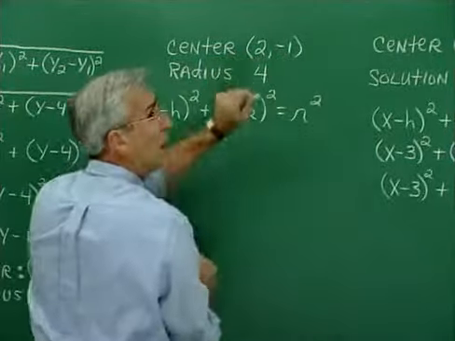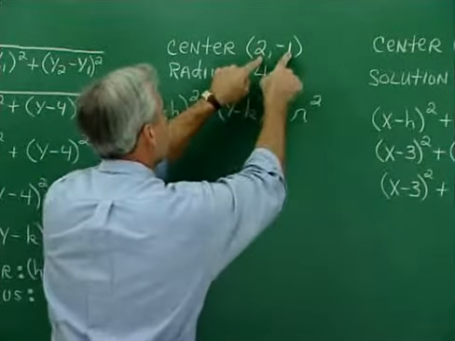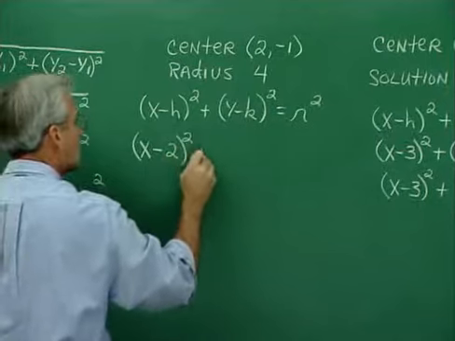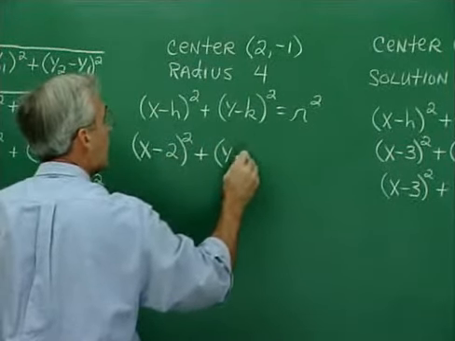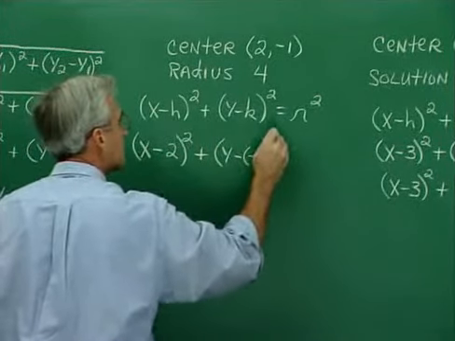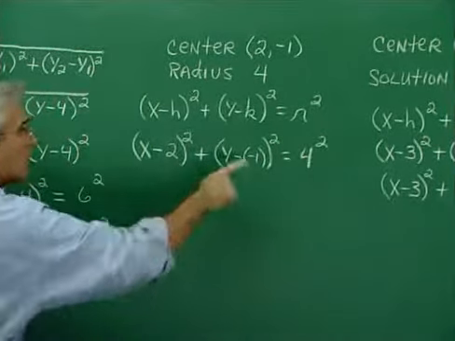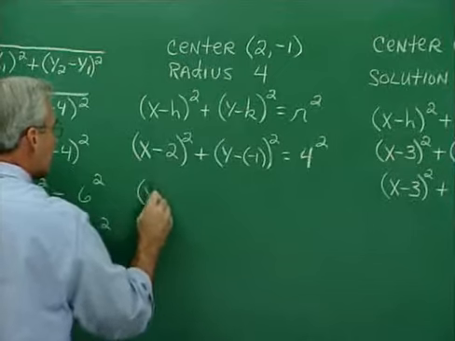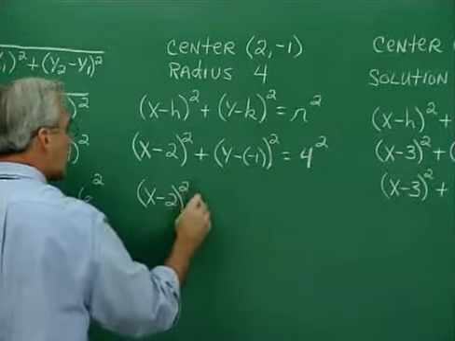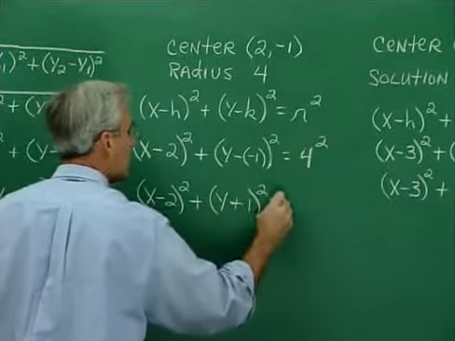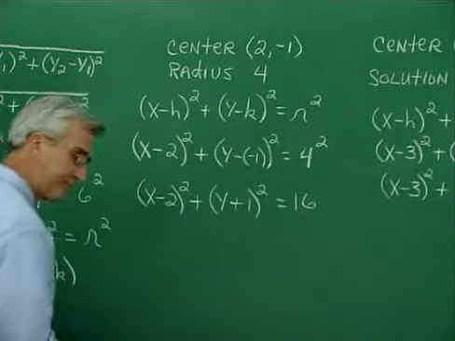So the h is 2 and the k is -1. So x minus 2 squared plus y minus -1 squared equals 4 squared. We would probably clean this up a little bit. x minus 2 squared plus y plus 1 squared equals 16.